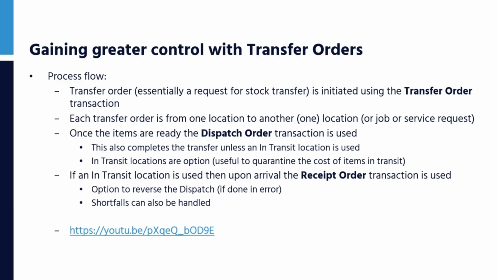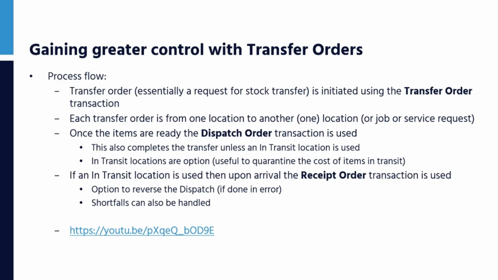The transfer orders are set to be from one location to another single location. Once they're ready, you can use the dispatch order, and if you're not using an in-transit location, that will complete the process, assuming that everything has been able to be transferred at that point in time. Anything that can't be transferred will remain on that transfer order for future transfers as well.